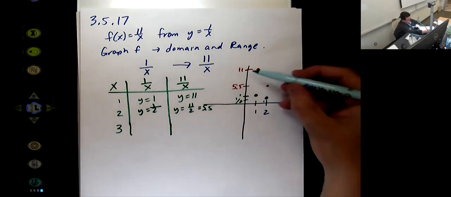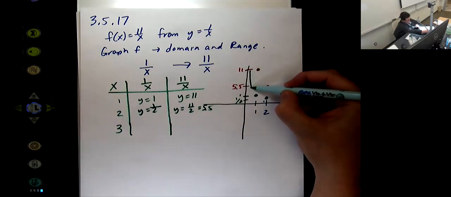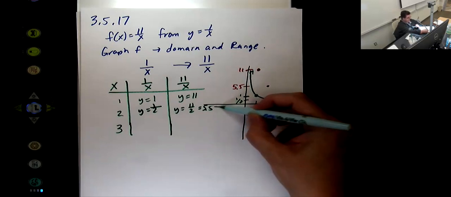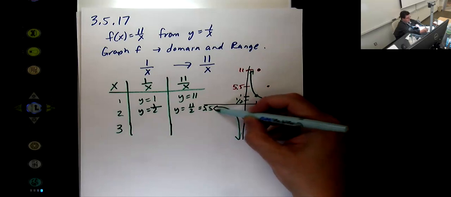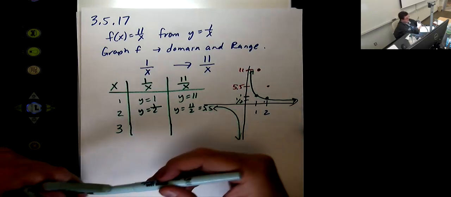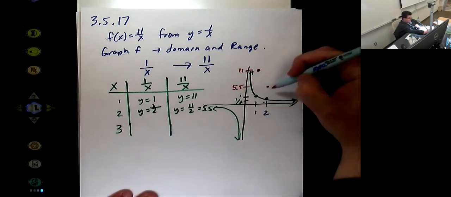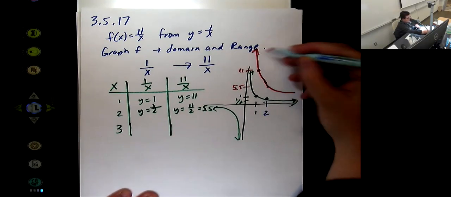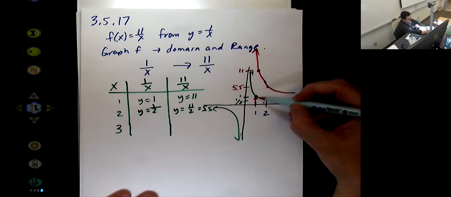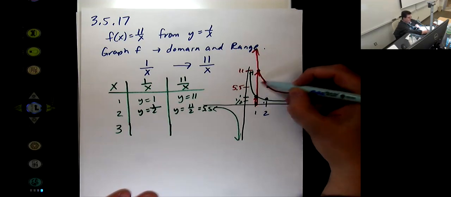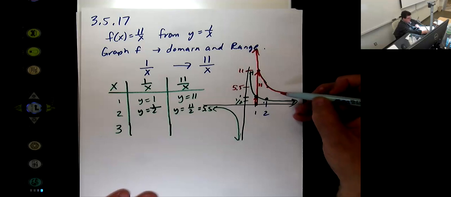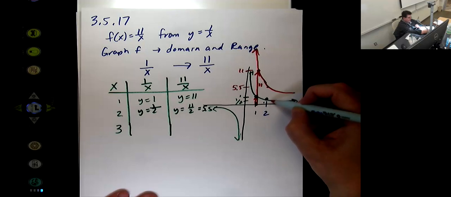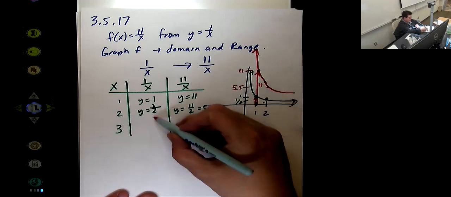So the graph of y equals 1 over x, if you memorize how it looks, and you're supposed to, looks like this. It looks like this is doing it too. But instead of going up 1, it's gone up 11 right here. So this went from 1/2 to 11 over 2.